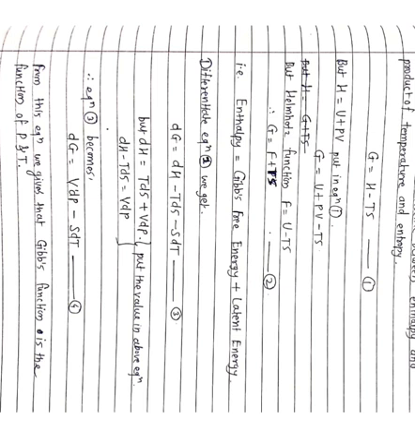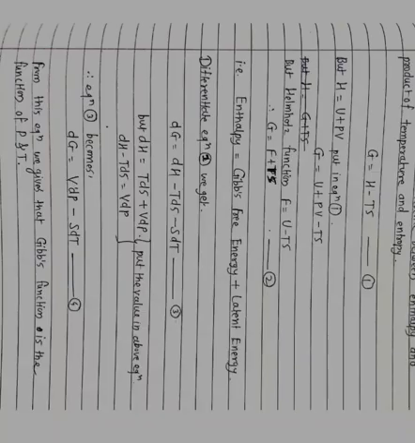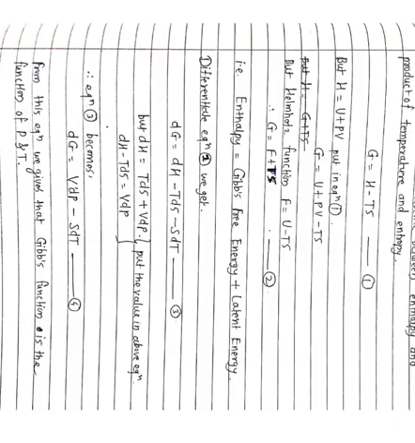Put this value in the above equation, equation 3 becomes dG is equal to VdP minus SdT. This is equation number 4. From this equation, we see that the Gibbs function is a function of pressure and temperature.